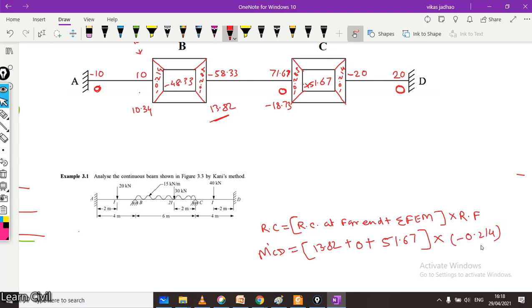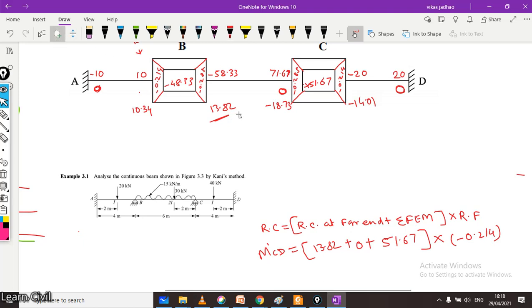Just calculate this value: 13.82 plus 51.67, multiplied with minus 0.214. So you will get minus 14.01. Just write down this value, minus 14.01 here.